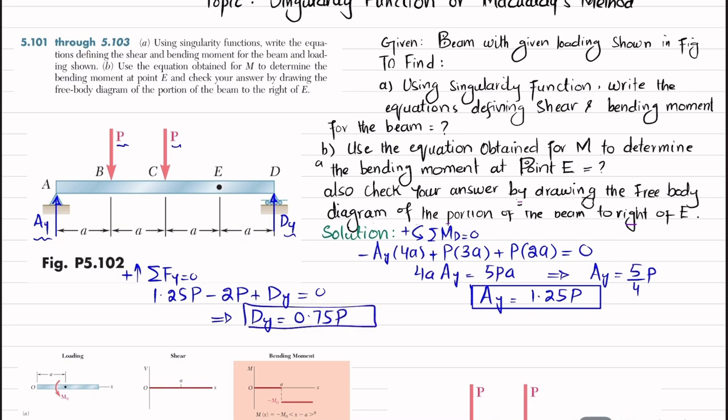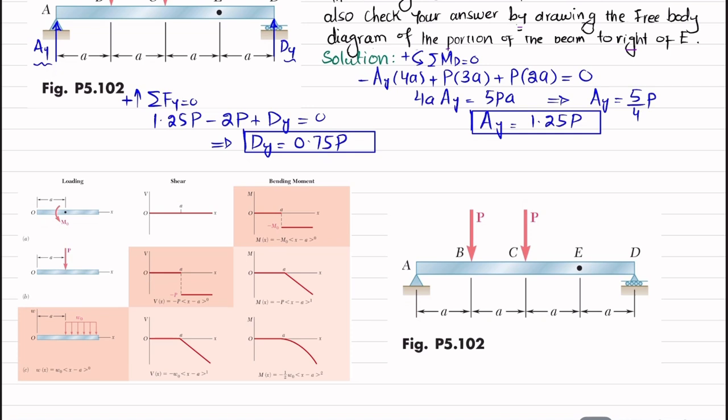Now you have these reaction forces, so we will use singularity function in order to determine the shear and bending moment equation. So let's define it. Here we have this reaction force which is 1.25 P, and this reaction force is 0.75 P. Okay.